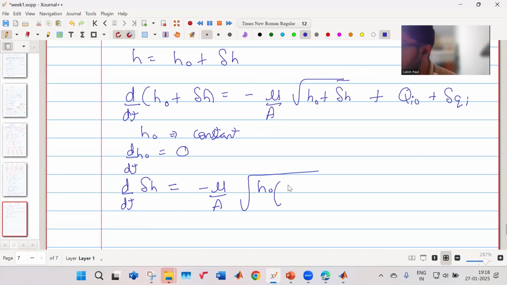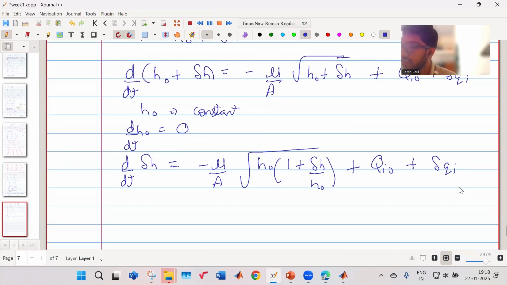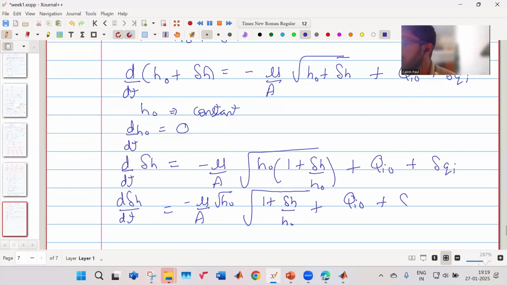So this is h naught into 1 plus delta h upon h naught, plus qi0 plus delta qi. So I will write this as d of delta h by dt is equal to minus mu upon a square root of h naught into square root of 1 plus delta h upon h naught, plus qi0 plus delta qi.